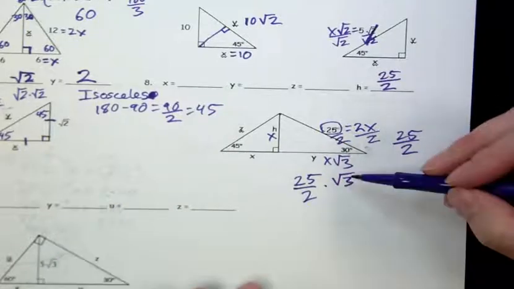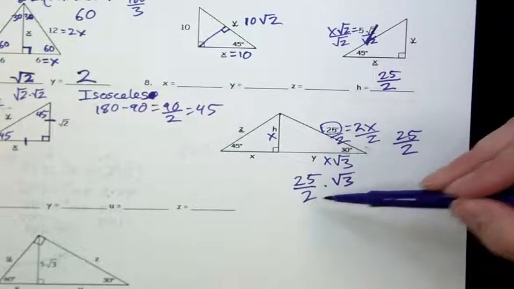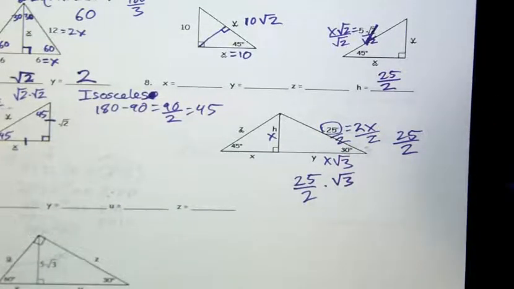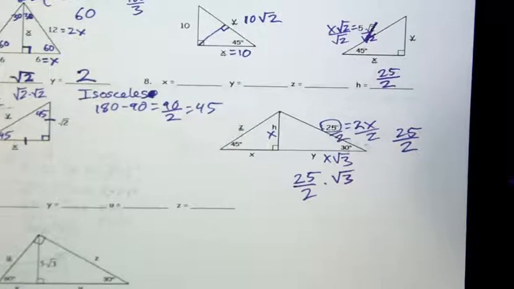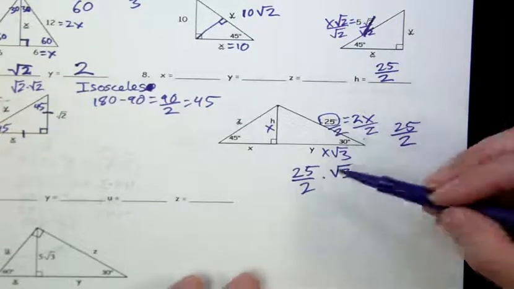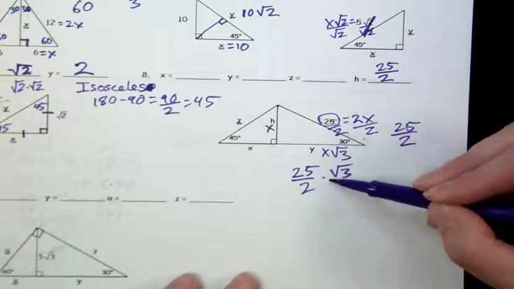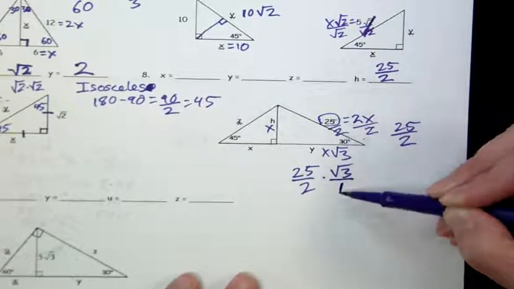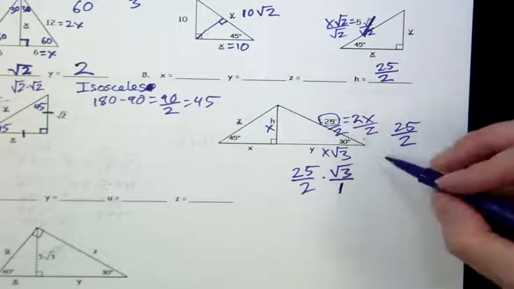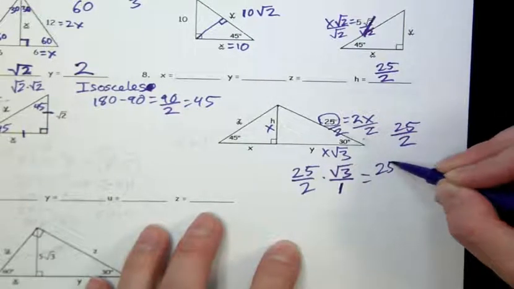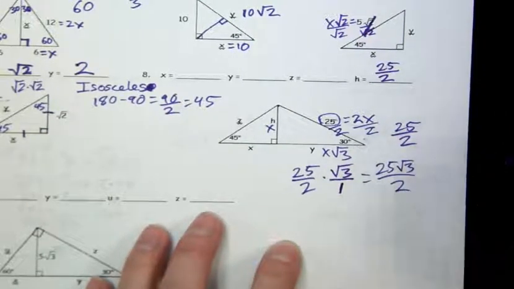Does the root 3 go along with the 25 or with the 2 or with both? What do you guys think? So remember, yeah, the 25. When we're multiplying with fractions, you technically put it root 3 over 1. And so you just multiply across the top. So 25 root 3 over 2.